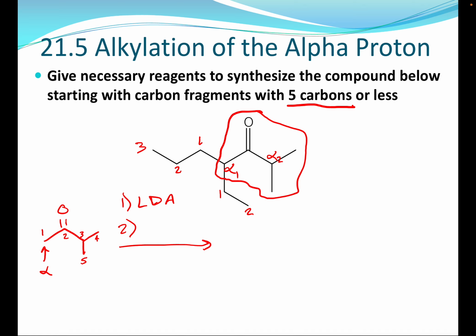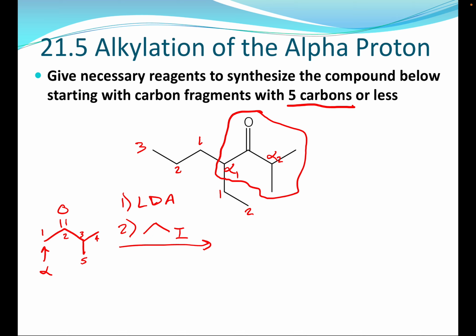I'm going to write the reaction so that we are attaching our smaller alkyl group on first. So I'm going to use LDA to make the enolate at the carbon that I just labeled as number 1. And then my second step is going to be introducing ethyl iodide. So that would attach on it.